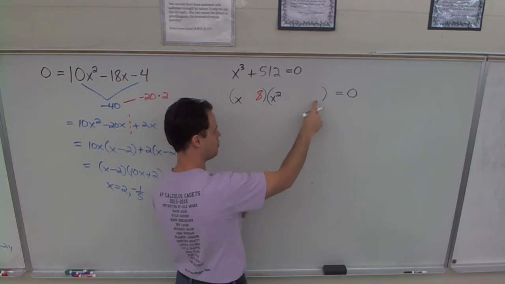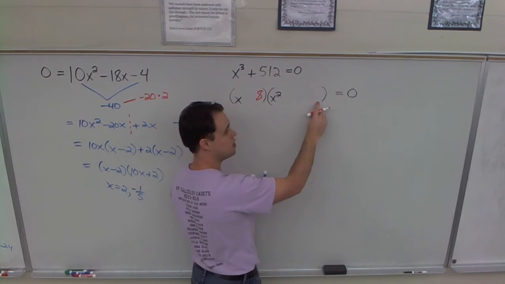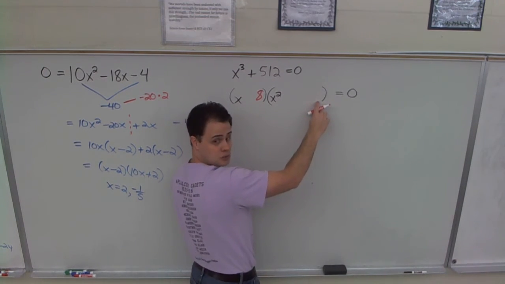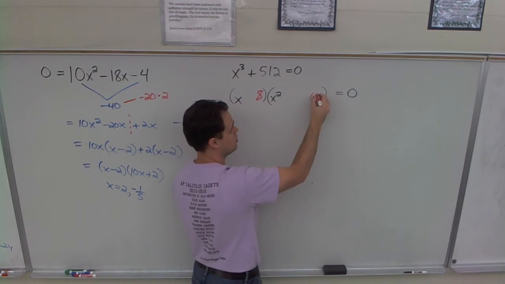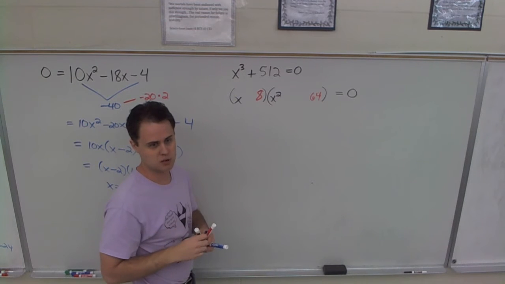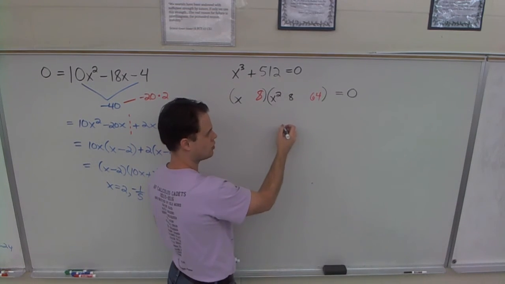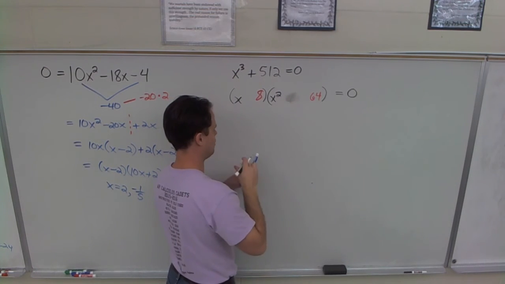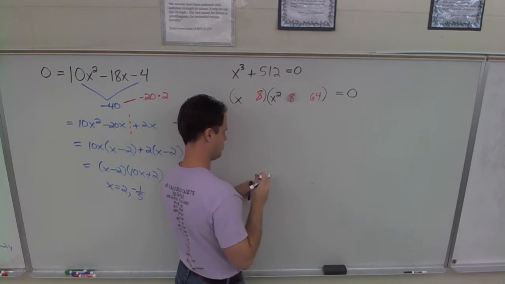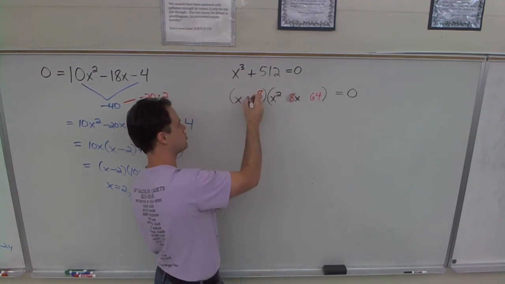X squared. What do I put here? 8 squared, which is 64. I think I'd write it as 64, not 8 squared. Up to you. I mean, you can take another step. And then in the middle, we got to have an 8. I guess I should stick with my pattern. An 8 and an x.